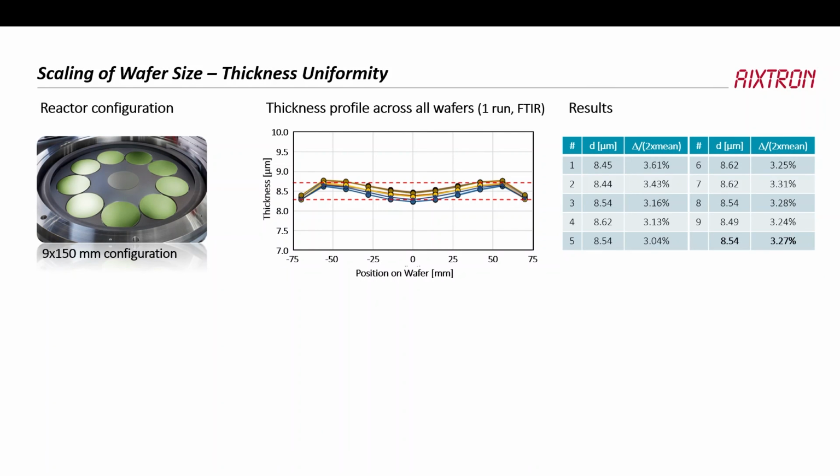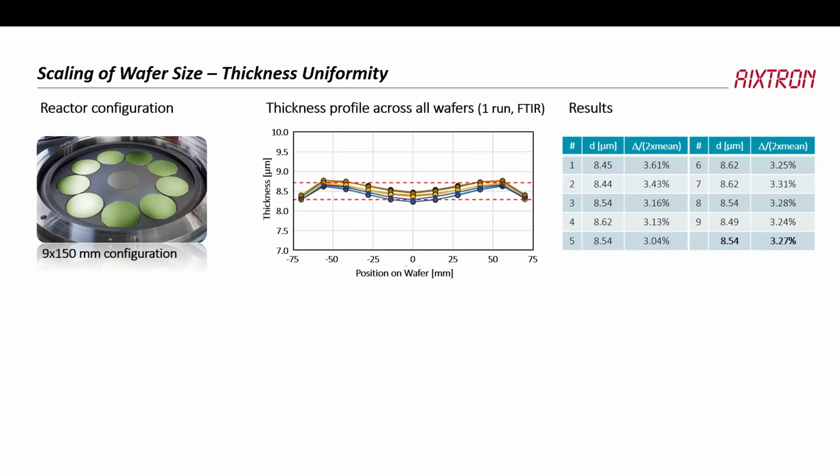Another important thing is thickness uniformity. Again, this may not be as important as sometimes in the 3-5 compounds, but still. So this is an example from 150 millimeters, so that's 9 by 150 millimeters, and you can see that there's about 3 point something percent at 8 microns thickness for all the wafers.